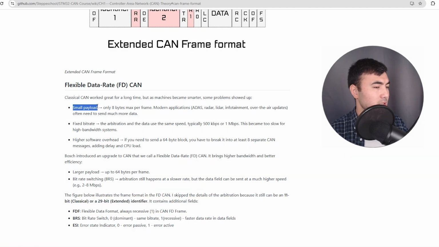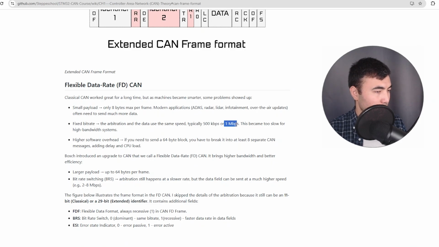As I introduced before, one frame can contain only 8 bytes, but modern applications need much more data. This is the first problem. The second is a fixed bit rate. The arbitration and the data use the same speed, typically less than 1 megabit per second, and this is becoming too slow for high bandwidth systems.